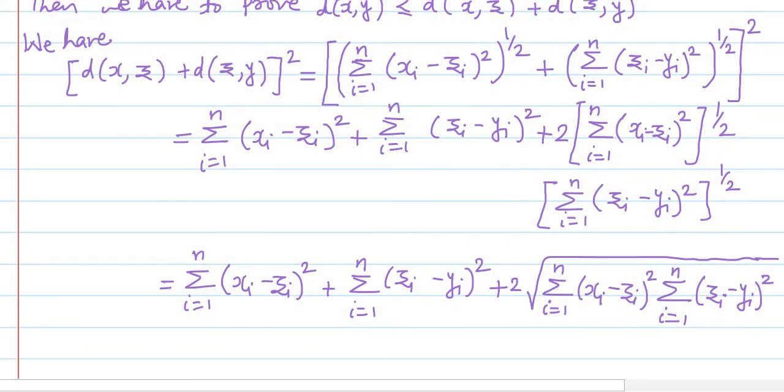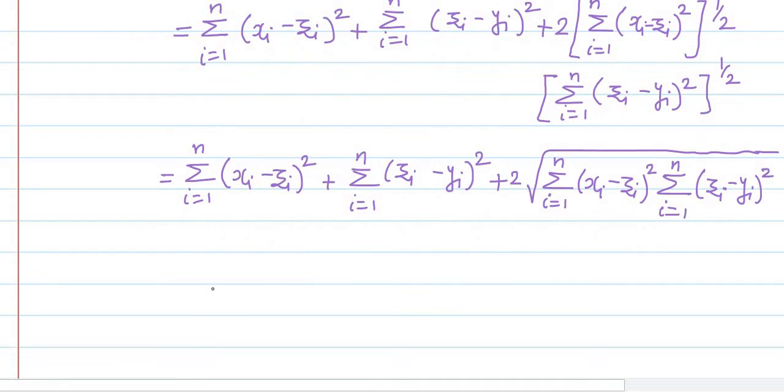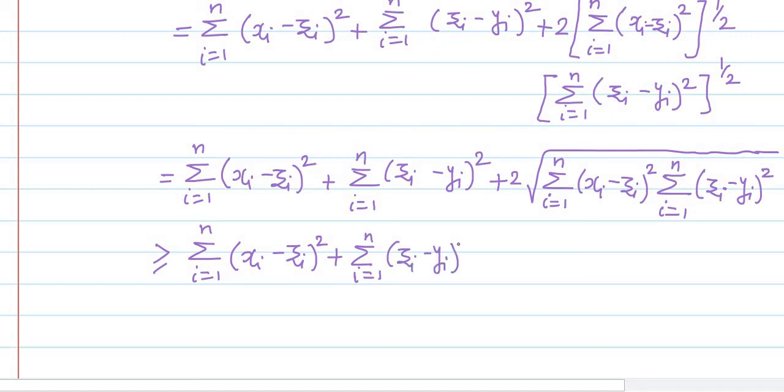So this will be greater than or equal to, with the first two terms remaining as they are, the summation over i equal to 1 to n of (xi minus zi) square plus the summation over i equal to 1 to n of (zi minus yi) square, and for the last term we are using the Cauchy-Schwarz inequality.